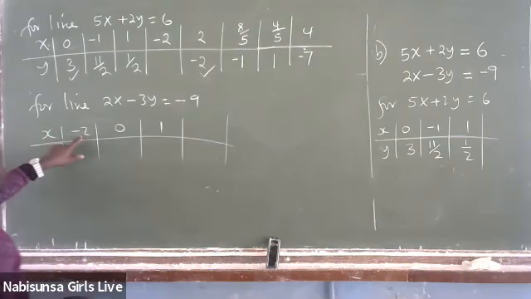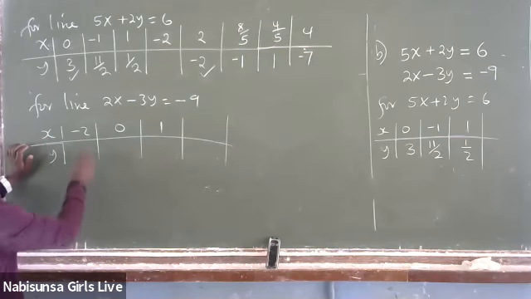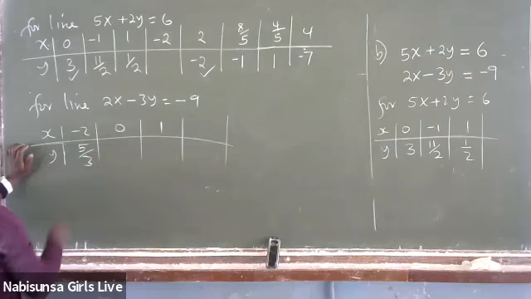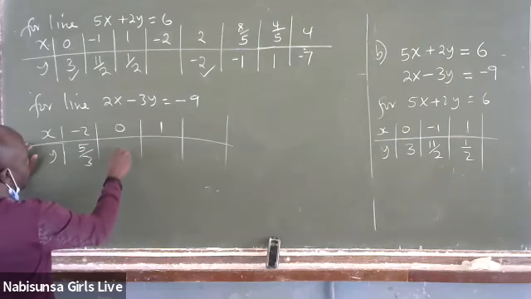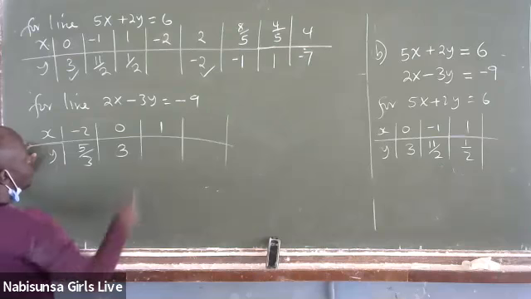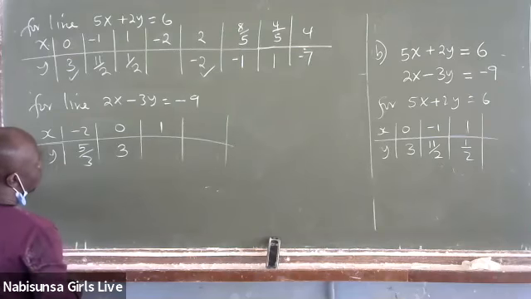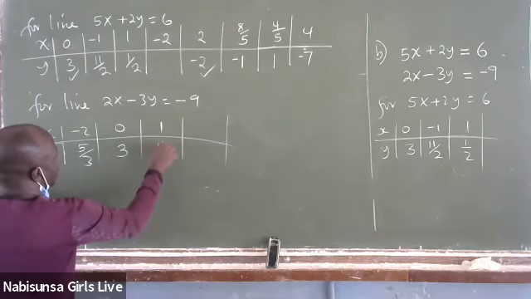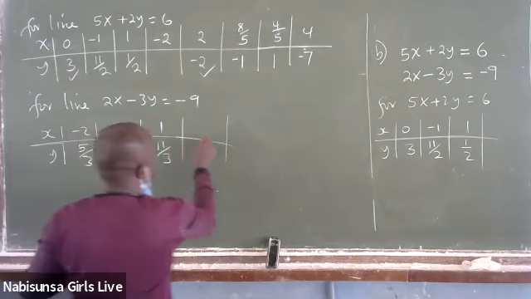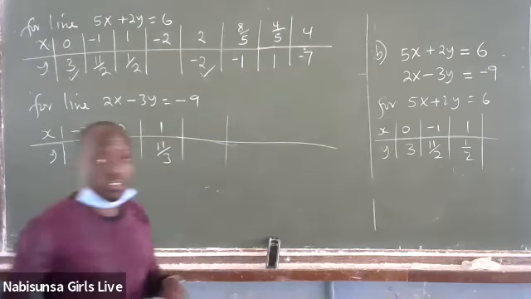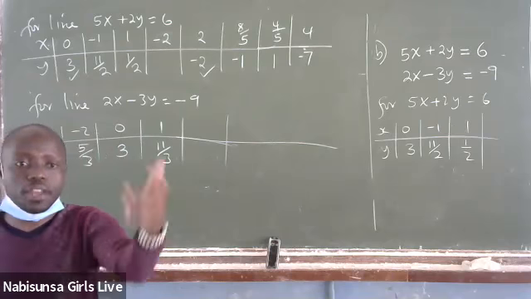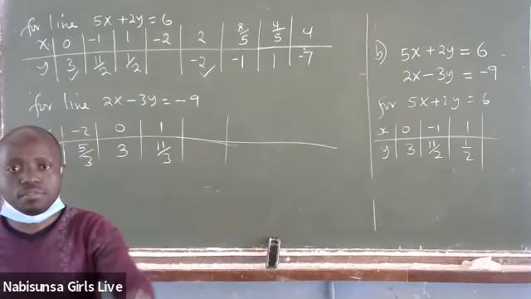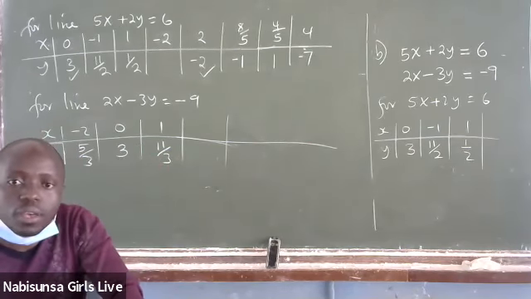And on -2, you got what? 5 out of 3. On 0, I got 3. And 1? My 1 gave 11 out of 3. Okay, you're fine. The challenge is that they are fractions, eh? So let me give you variety so that you don't have fractions. Okay, teacher.